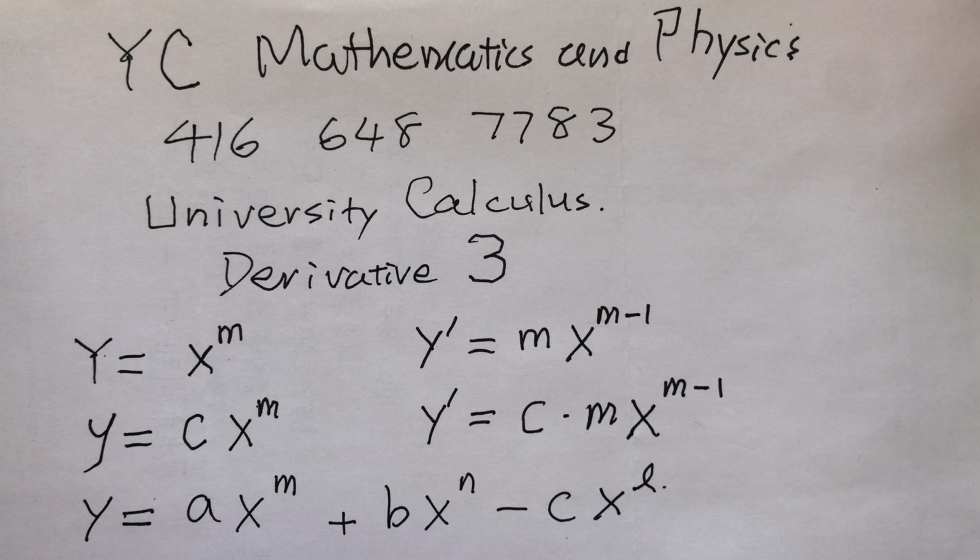Then what is the derivative? The derivative is a, and you do the derivative of this part, which is just like a constant multiple rule. And another constant multiple rule.